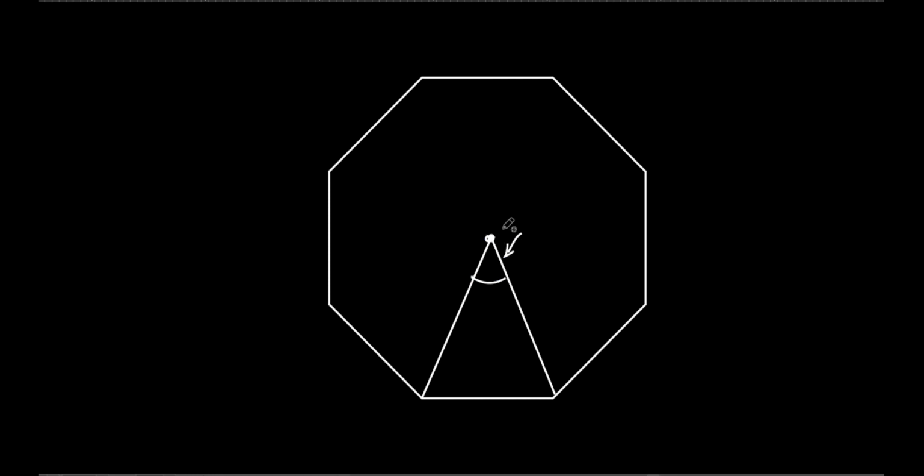Okay. By the way, that little dot right there, see that point? We call this the center. I've said it a few times, but I'll just write it down. It's called the center of the polygon. This angle, since the vertex of the angle is at the center, we call this the central angle. Okay? So why do we call it the central angle?